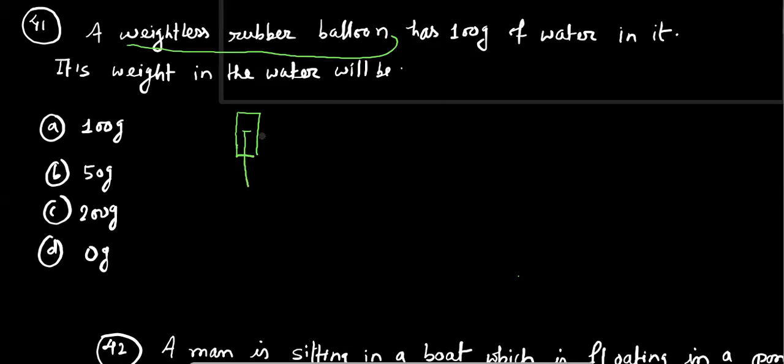See here, this is a spring balance, and I'm going to attach something here. This is in air. Suppose the pointer is here, and it indicates 20.